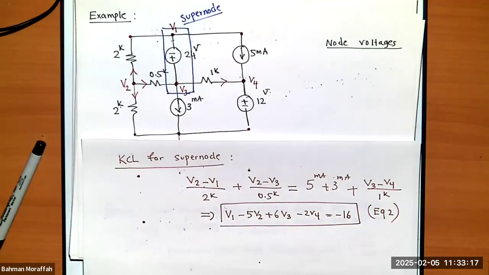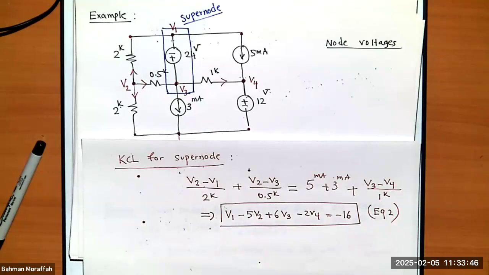I have 4 unknowns, but I have 3 equations. What can I do? I'm going to go back to that supernode. If you look at that supernode, I haven't utilized the information it is giving me. That supernode basically tells me, if I look at V1 and V3, I know the potential difference between those two nodes.